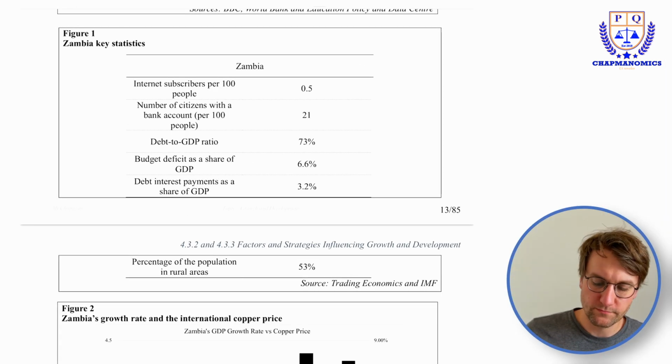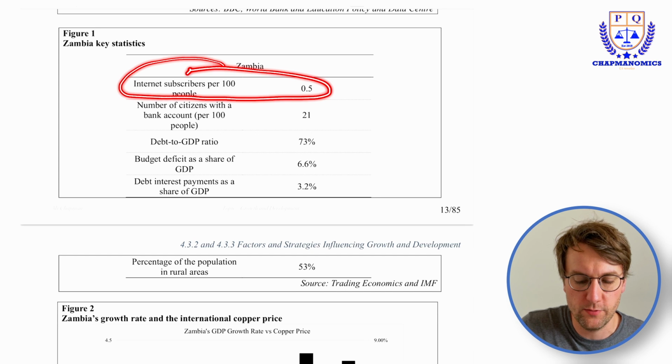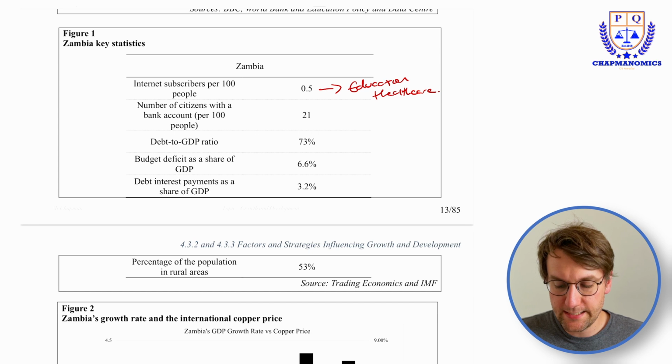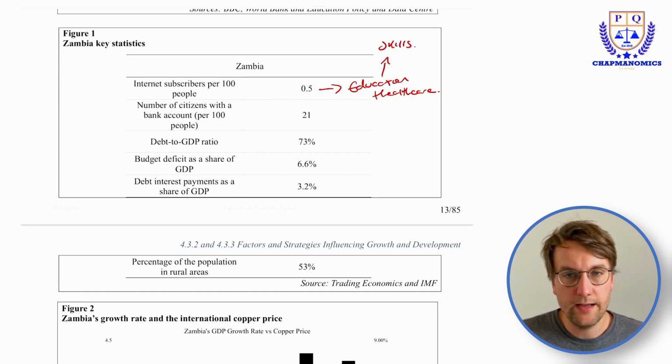Let's look through it. So what I'm thinking here is internet subscribers per 100 people. Only 0.5 people have access to the internet now. To me, this is going to cause issues with education and healthcare. This is going to be particularly something to do with skills here, and particularly things to do with healthcare.